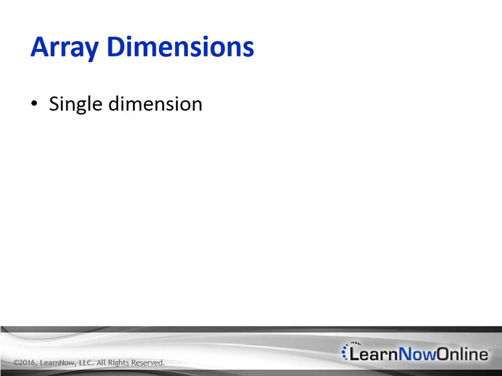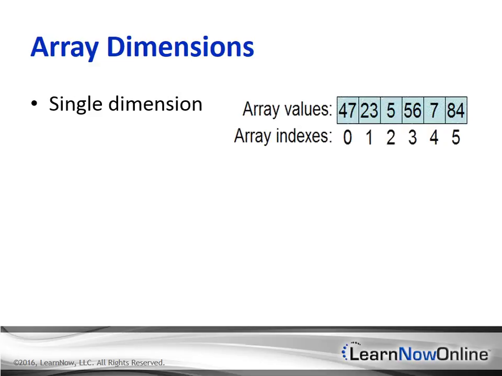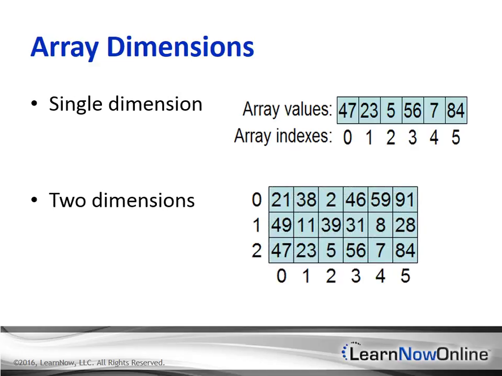And again, you can think of an array as a simple list of values. And this shows a single dimensional array. So I have array indexes from 0 to 5, and then I have some sort of integral values as the contents of each array element. But you can have multi-dimensional arrays as well. So you can have 2 dimensions, and that's what this is going to look like.